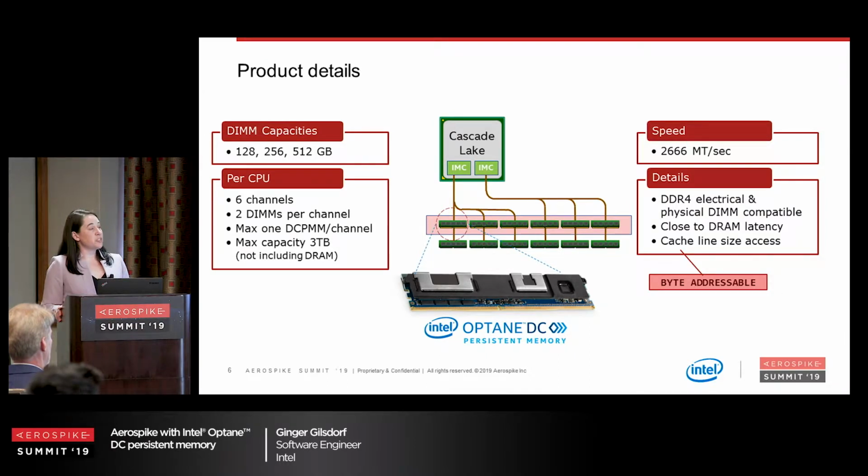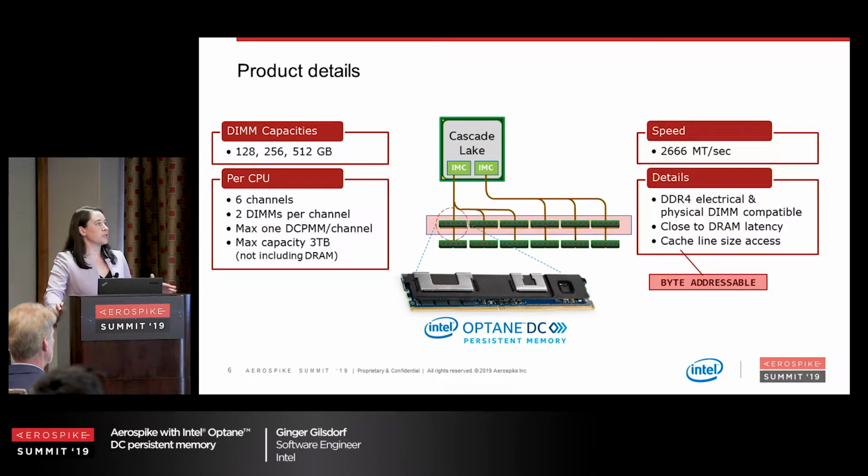Since the capacities of each individual DIMM are 128, 256, or 512 gigabytes, at 6 channels per CPU, 2 DIMMs per channel. Put it like I mentioned, putting one Optane DC persistent memory in each channel, you can fit 3 terabytes of persistent memory on a socket.